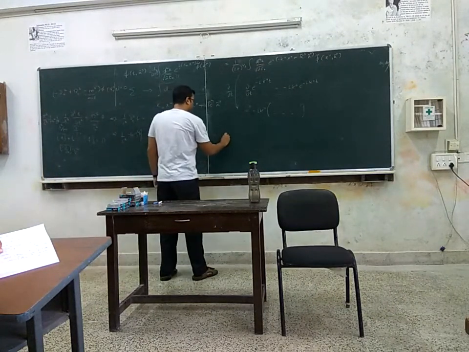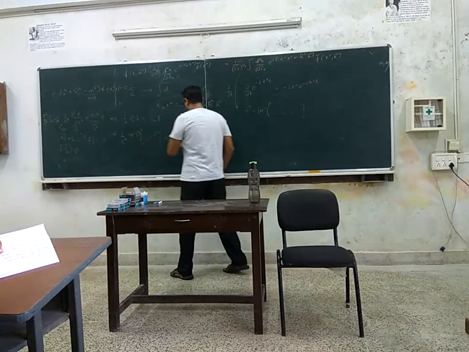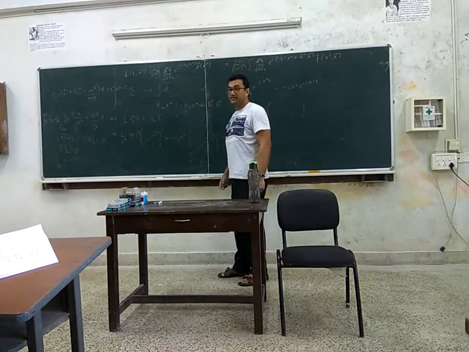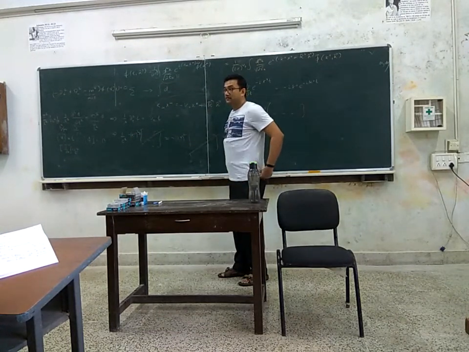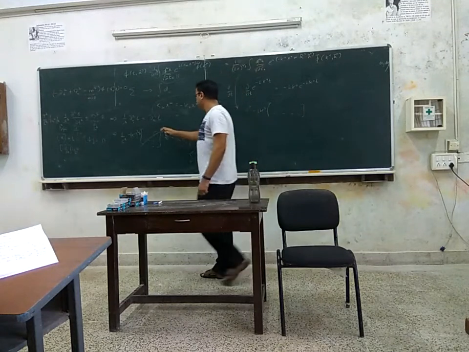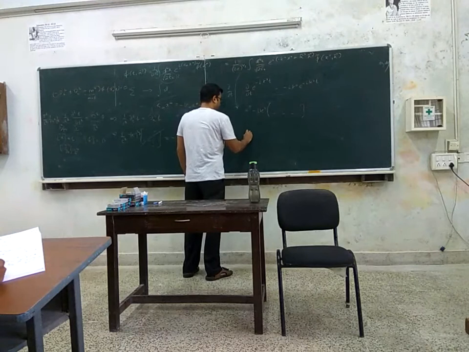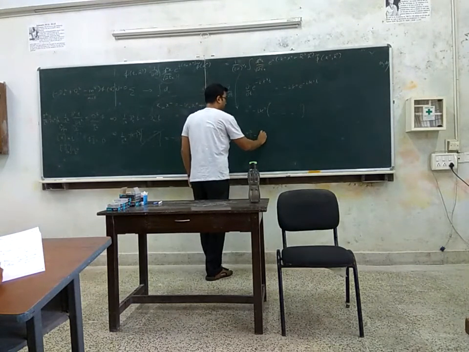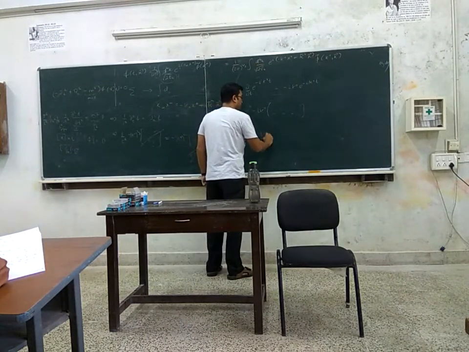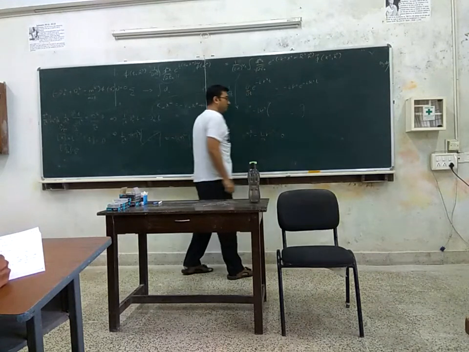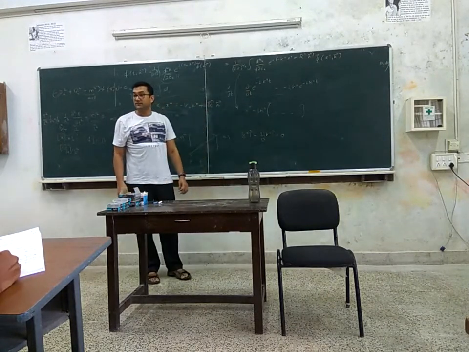So this tells me that k naught and kx are not independent. There is a relationship between these two. What is that relationship? It's kx squared minus k naught squared is equal to 0. Okay?